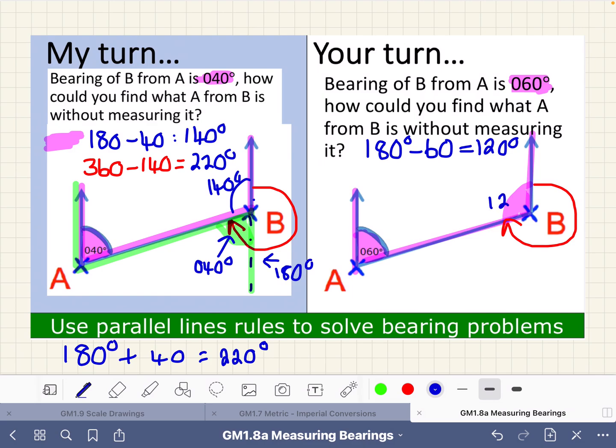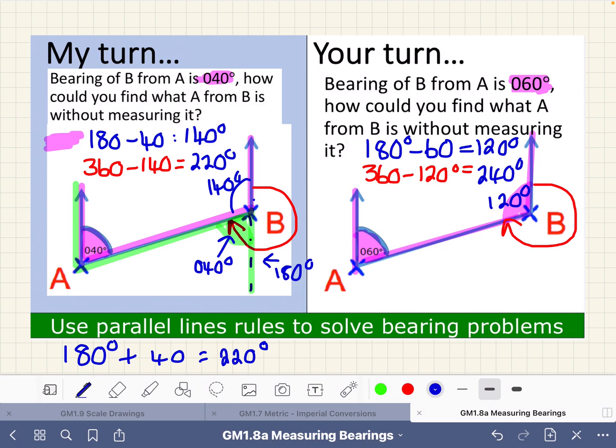I have 120 degrees in this corner now. From this north line all the way around back to this north line is 360 degrees. I have used 120 in this section here, therefore I can calculate the remaining angle by saying 360 degrees, take away 120 degrees. That would give me 240 degrees left over for the angle of A from B, or the bearing of A from B.